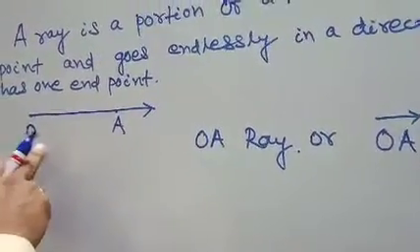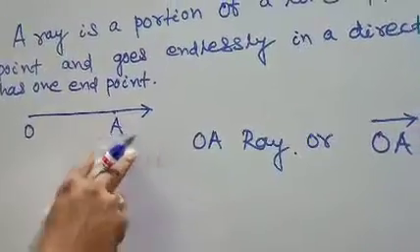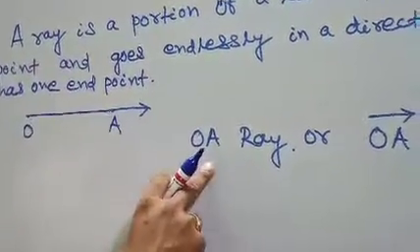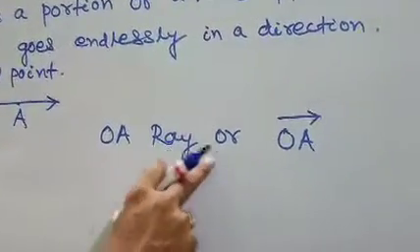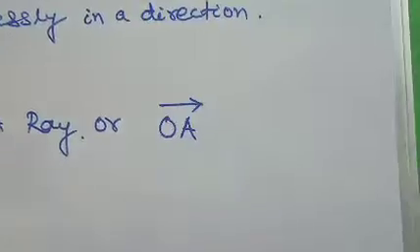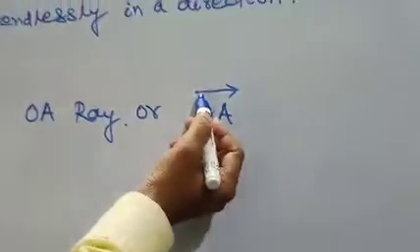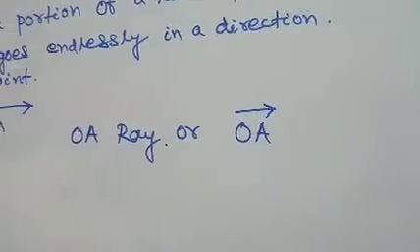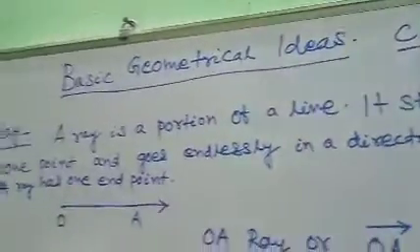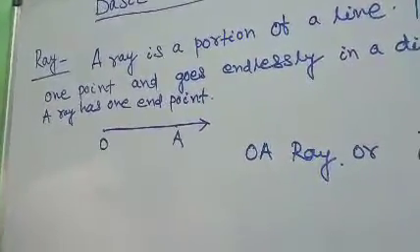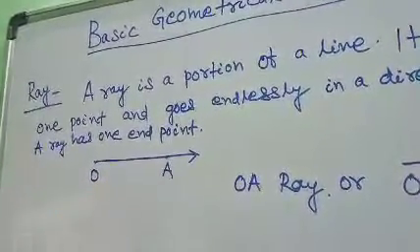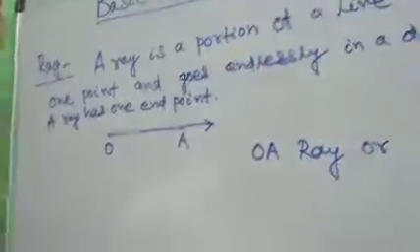Look here. Here I have drawn a ray O and A. We can write it as ray OA, or symbolically we write OA with the symbol of ray on OA. And we cannot say the name of the ray as AO because A is not the starting point of the ray.